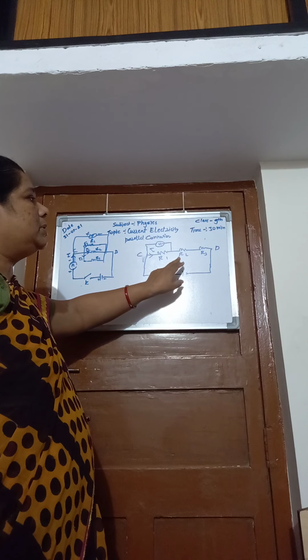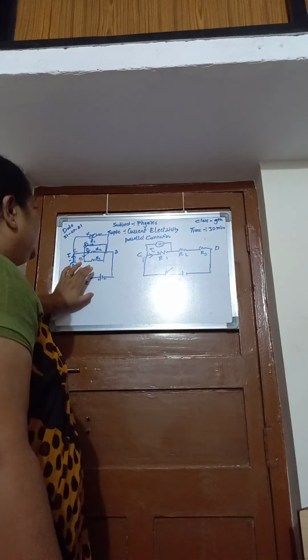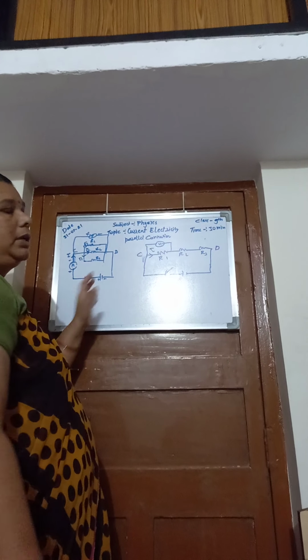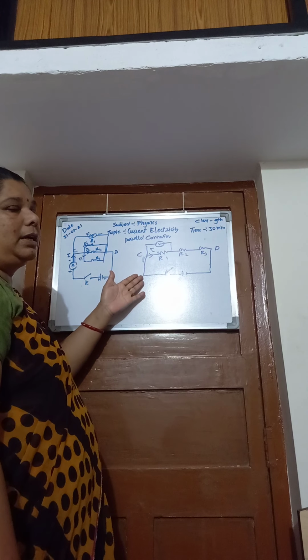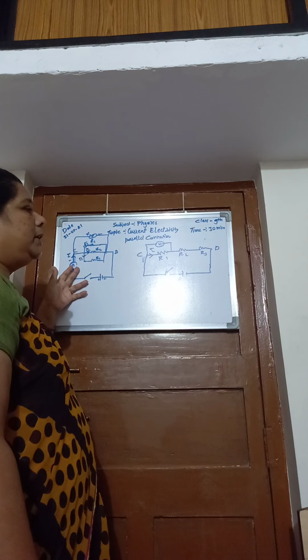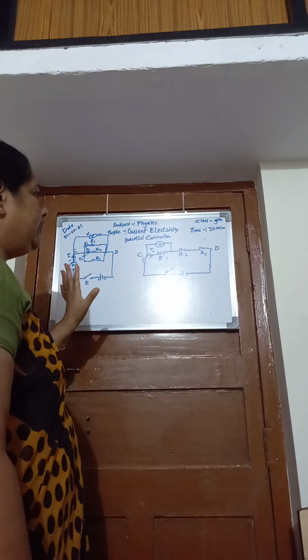Series connection is used for increasing the resistance in the circuit, and parallel connection is used for decreasing the resistance in the circuit. This is the main difference.